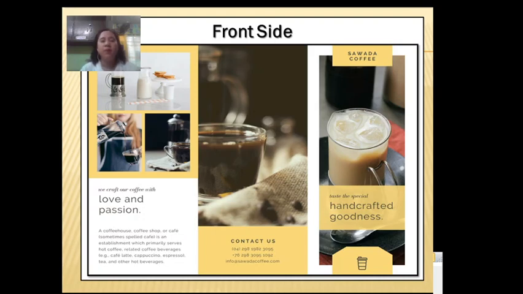I have here a trifold brochure. Here is the front side. The front side, of course, should contain the title of the event, the product, or the place. Here we have Sawada Coffee, the name of the coffee shop that is being promoted.